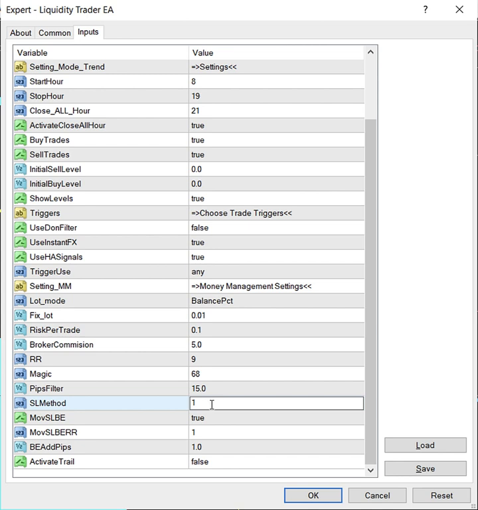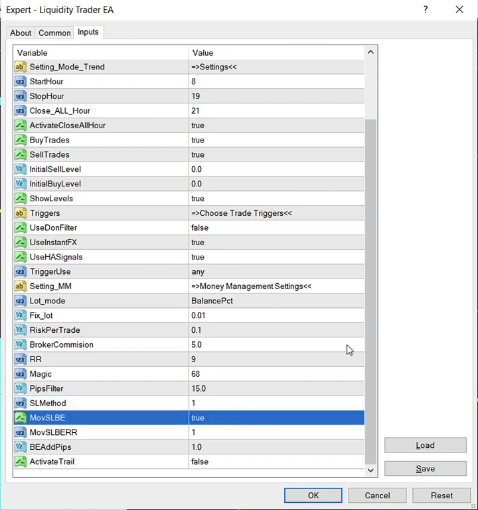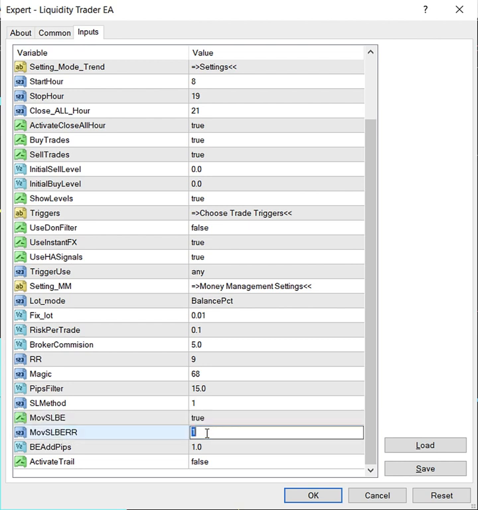It's up to you. Now, if you want to move the stop loss to break even, let's say after the market moves a certain distance, then you can set it here. You can start to move the stop loss to break even after the market has moved, let's say 1 RR. So let's say, for example, you want to move your stop loss to break even only after the market moved the same size of the risk.